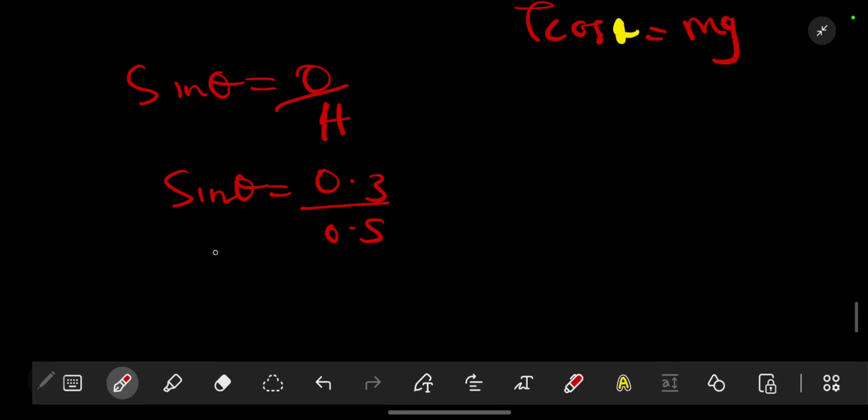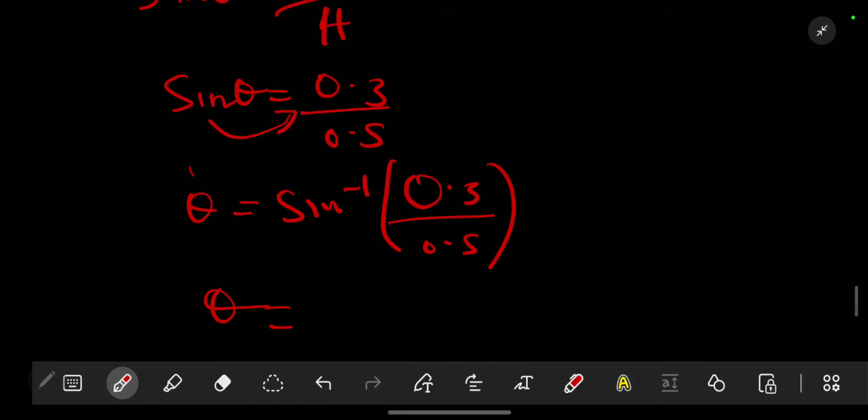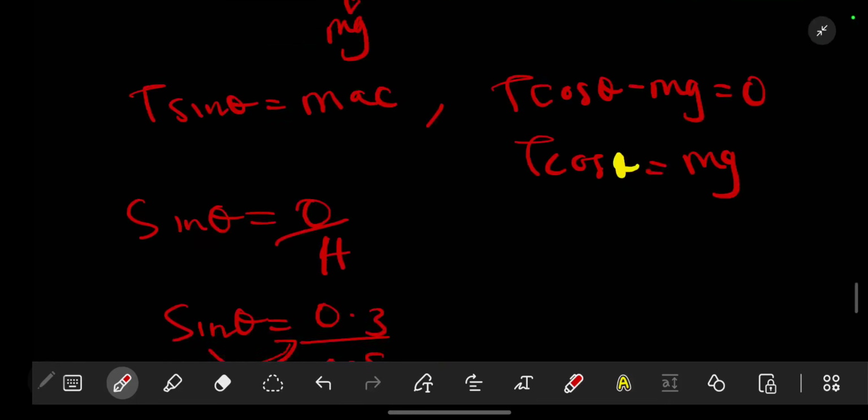So theta is equal to sine inverse of 0.3 over 0.5. This gives us an angle of 36.87 degrees.